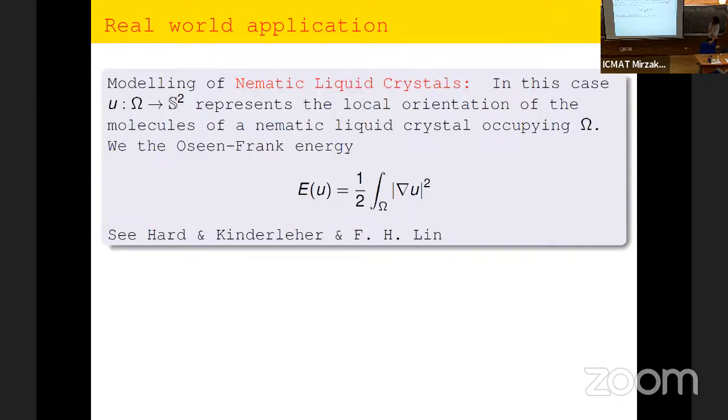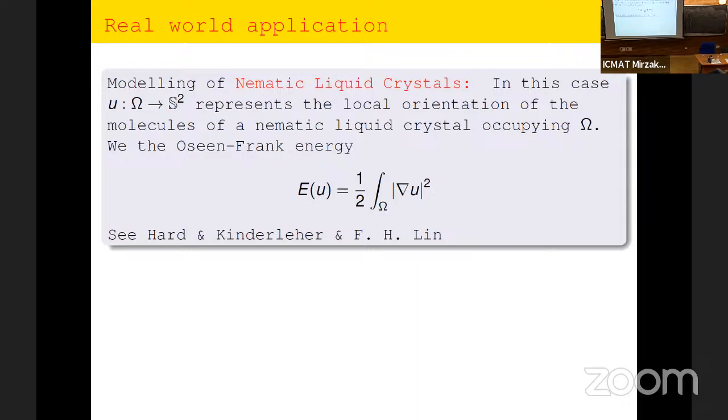When you study nematic liquid crystals, you immediately realize that if you look at the most simple energy, reducing all the physical complexities, you end up with an energy which has exactly this form, and in this context, U is a vector which takes values in S2.